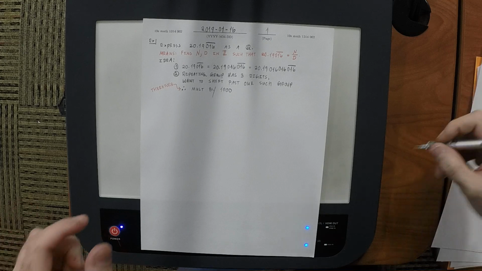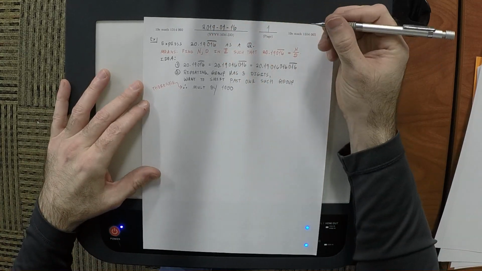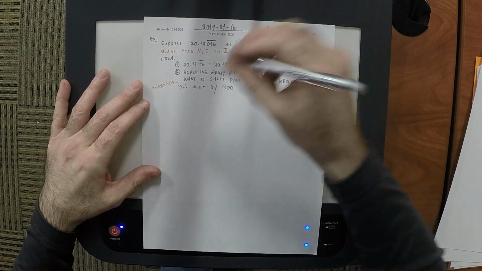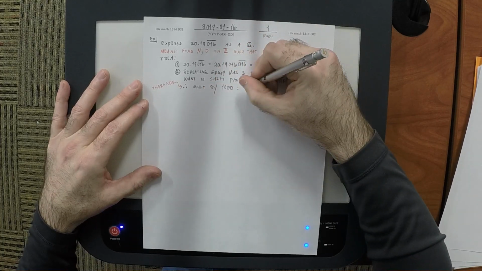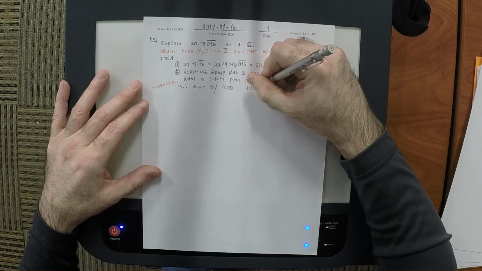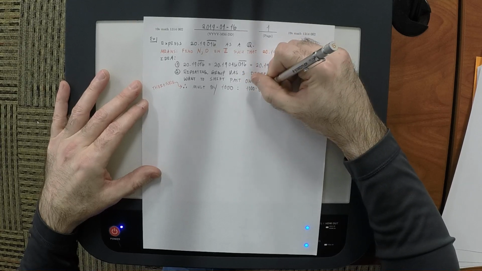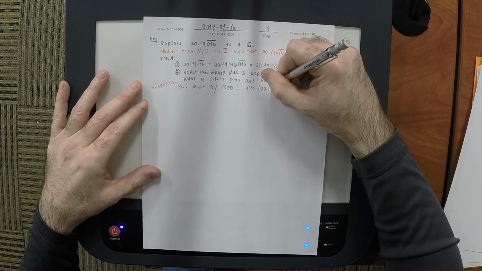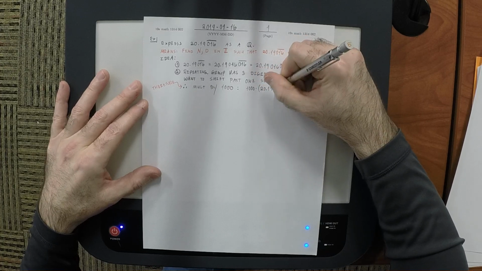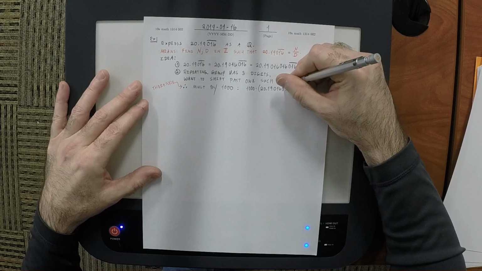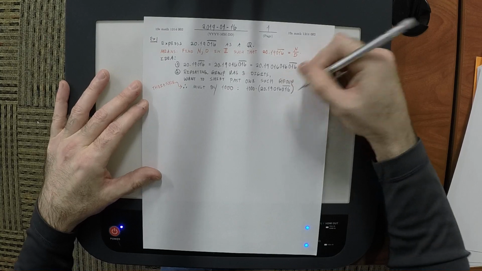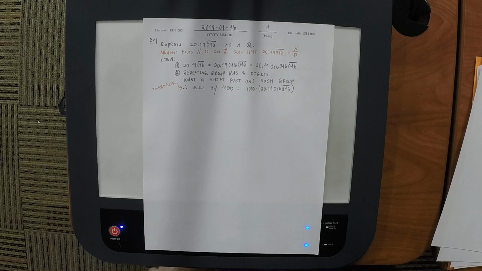So specifically, if we do that, we will get 1,000 multiplied by 20.19, and then I'm going to leave the first group 016 out and then write 016 repeating. Now I'm going to perform the multiplication.